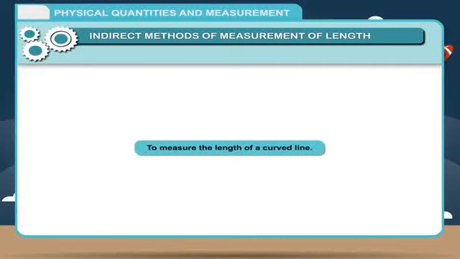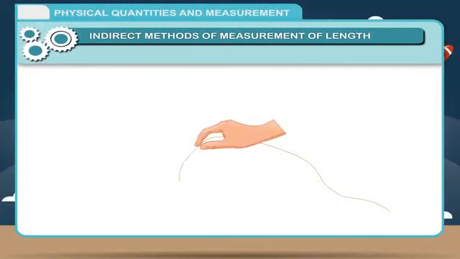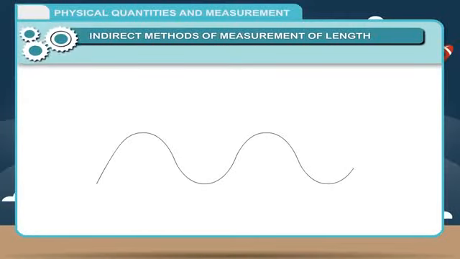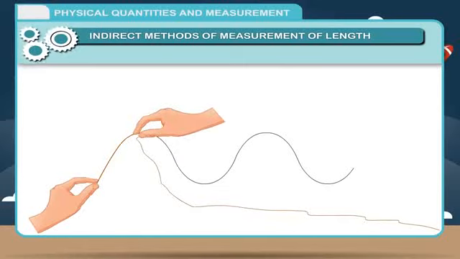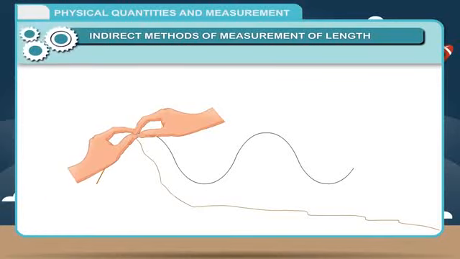Activity: to measure the length of a curved line. Take a thread and tie a knot on its one end. To measure the length of a given curved line, place the knot of the thread at one end of the line. Now, move the thread along the length of the curved line carefully. Hold the thread at small distances between your thumb and first finger.